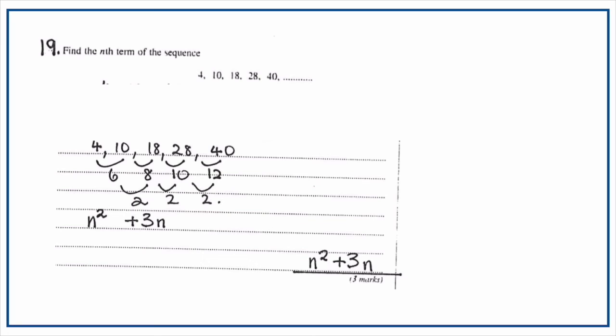When n is 1, 1 squared is 1, but 1 is not 4. So 4 minus 1 is 3. When n is 2, 2 squared is 4, 10 minus 4 is 6. When n is 3, 3 squared is 9, 18 minus 9 is 9.